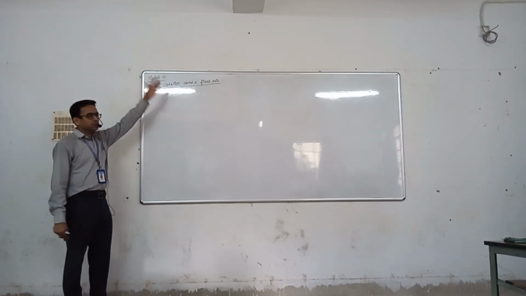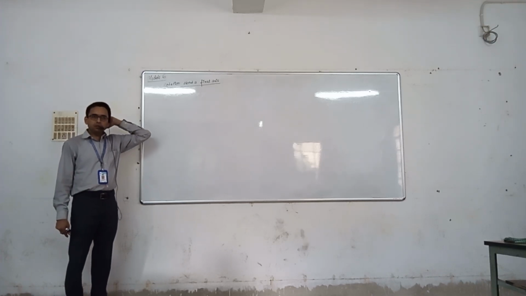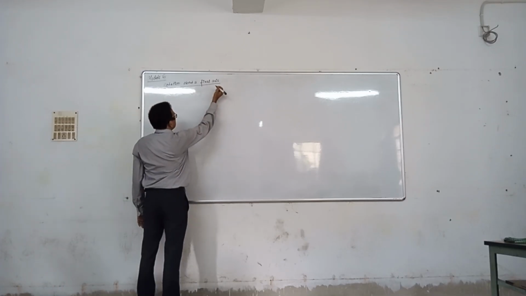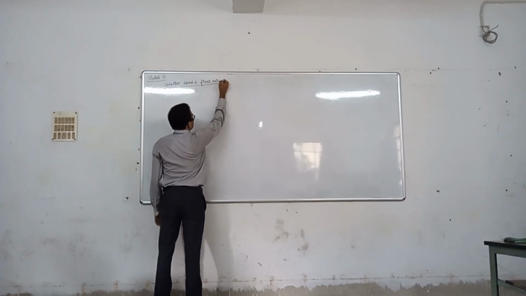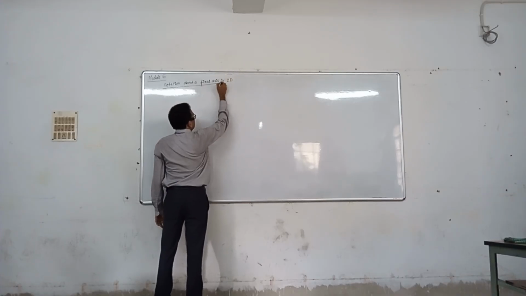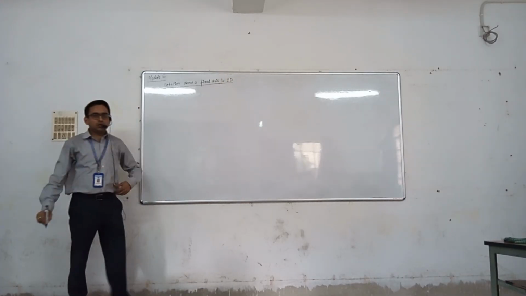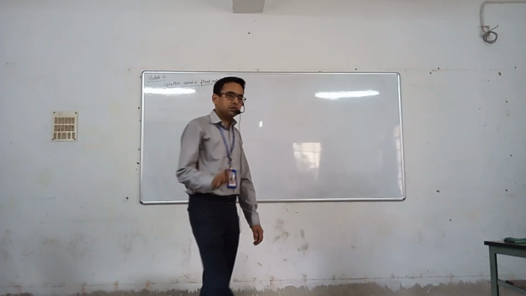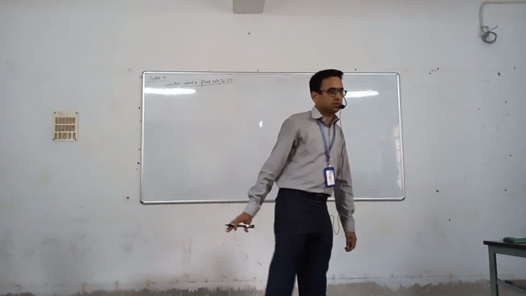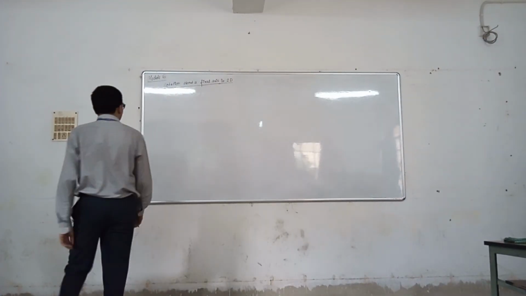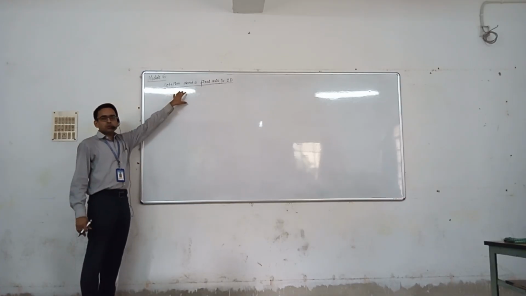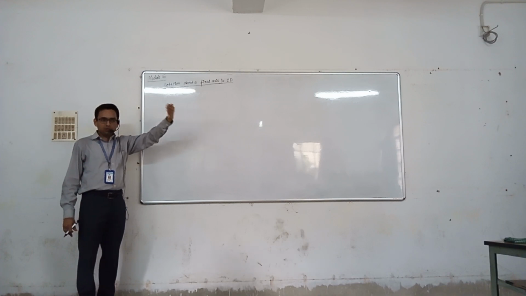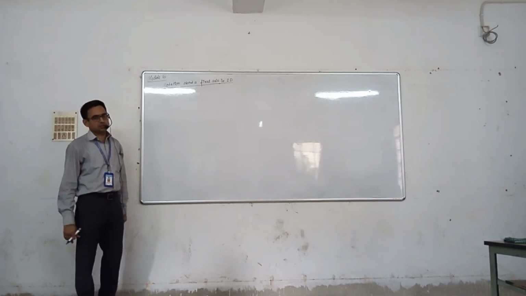Now, fixed axis rotation. It is in plane, so 2D. Module 6. It is a part of module 4 also, but as a problem we are discussing it in module 6, because the topic is common to modules 4 and 6. This is not mentioned in module 4, so I am discussing it in module 6.